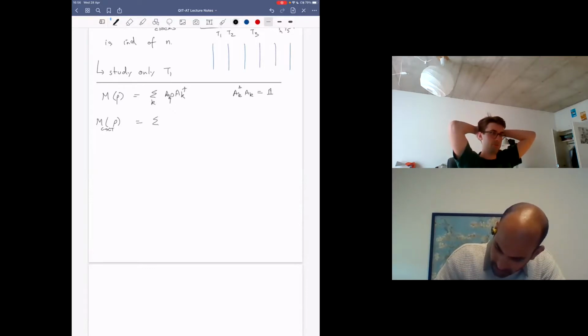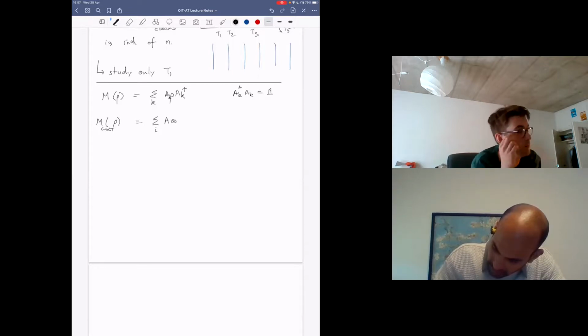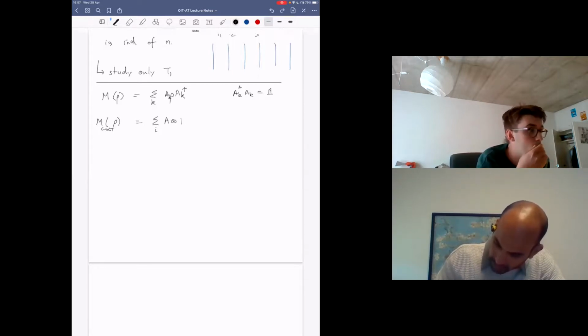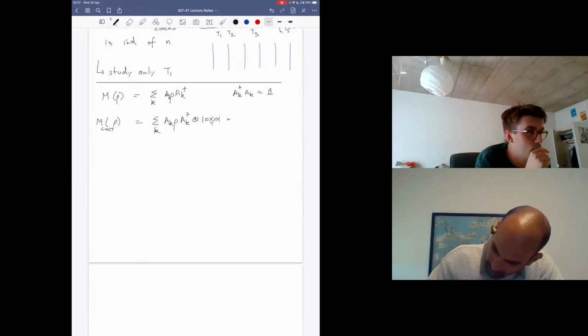I don't want to write L and J because those are not the exact L and J. So let me write it as the sum over K of A_K rho A_K dagger, tensor 0,0 on the tick register, plus the sum over L of B_L rho B_L dagger, tensor 1,1 on the register.